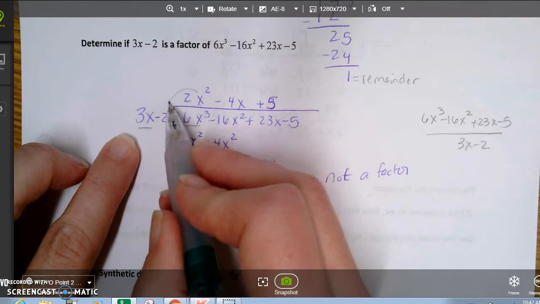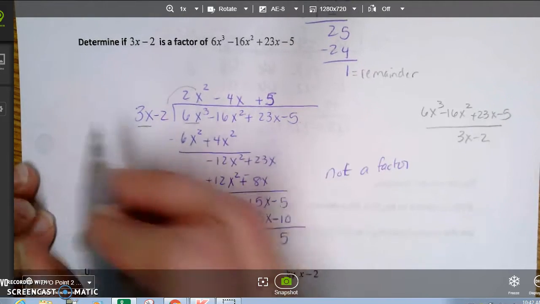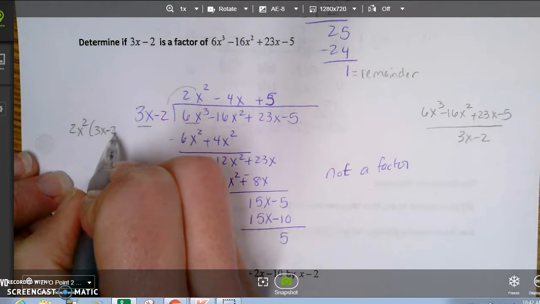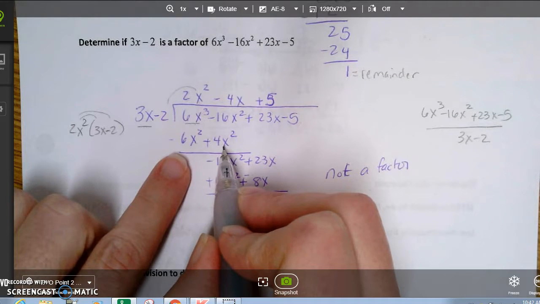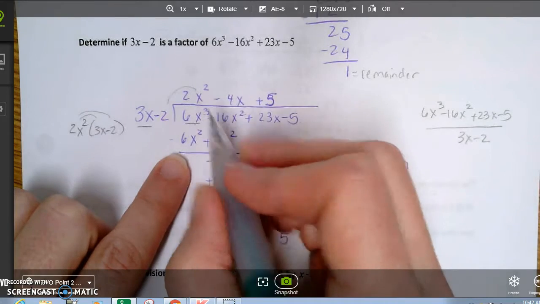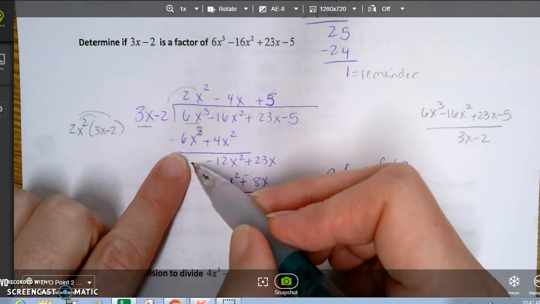But then I also have to multiply that times the second term, like a distributive property, right? So basically I'm saying 2x squared goes into 3x minus 2, and I'm distributing. So that's where this 4x squared came from. And then I have to subtract this minus this. Sorry, that should be cubed. This minus this is 0.